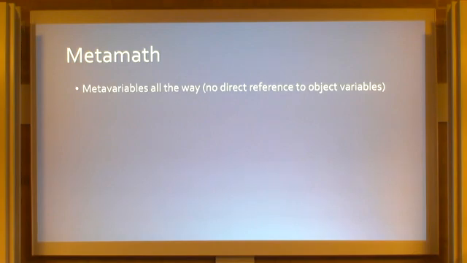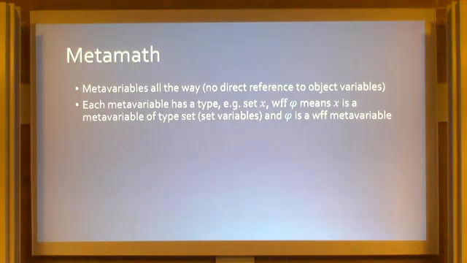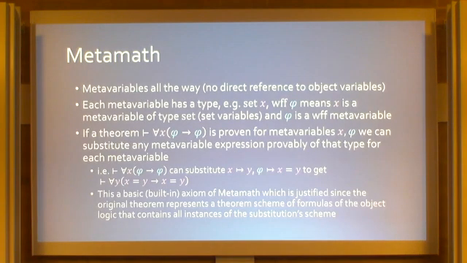We never actually go down to the object language. So each meta variable has a type, and we can just substitute anything which has the right type, provided that it satisfies these disjoint variable provisos. So sometimes it'll be said that MetaMath has only one rule, and this rule is substitution.